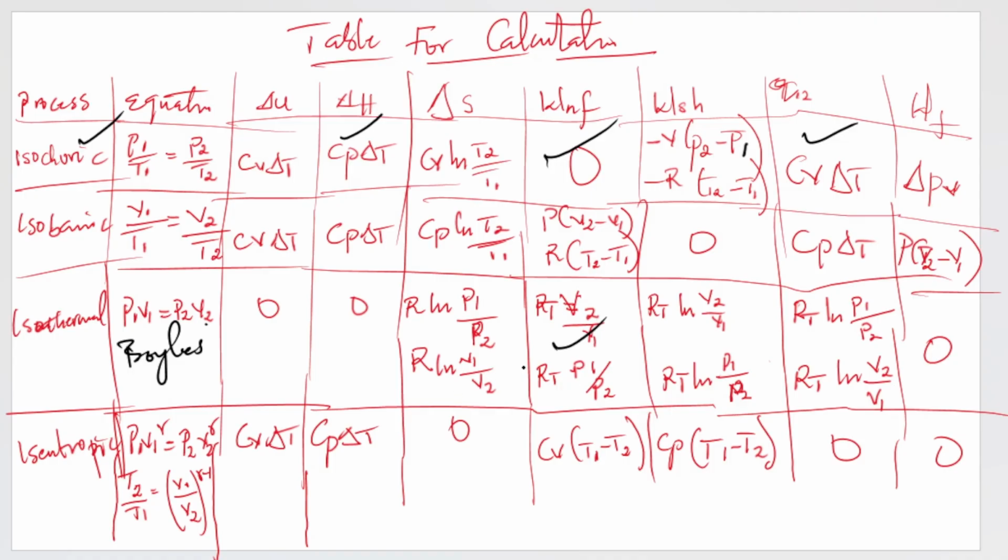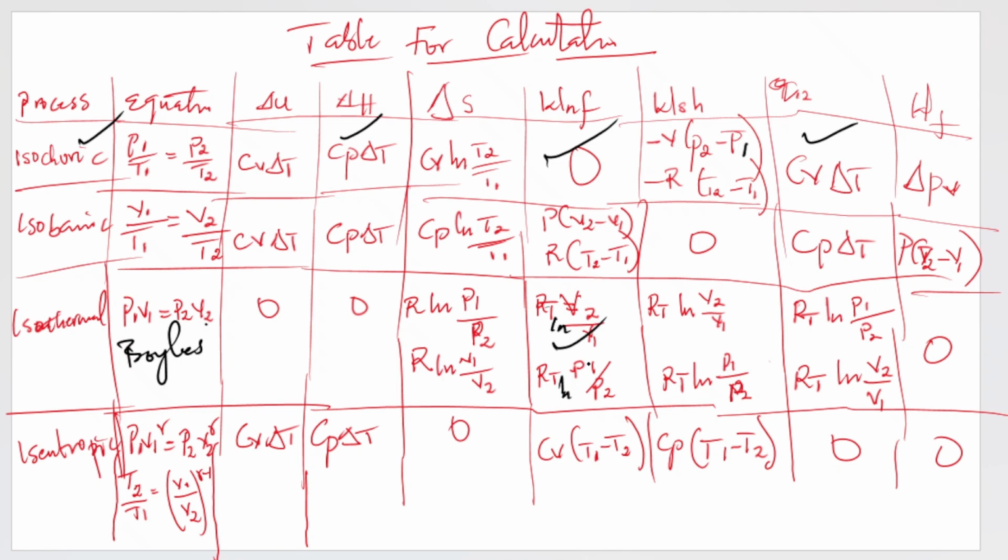So you take the general gas constant of air multiplied by the temperature, and this will be ln, so take note. This is ln V2 over V1, or better still, you can take RT ln P1 over P2. So if you use either of these formulas, you still get the same value.